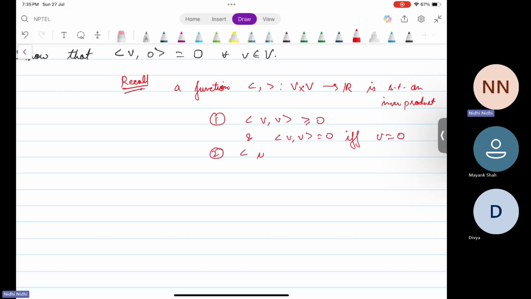Next, we have symmetry. And the third one is linearity. The map is linear component wise. So if we fix the second component, it is a linear transformation with respect to the first component.